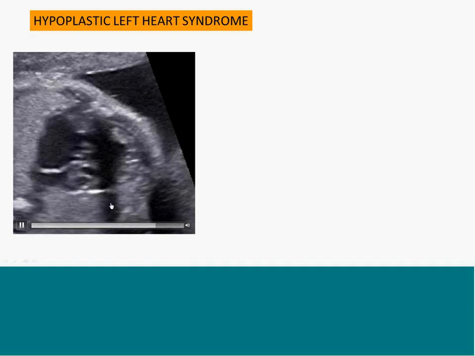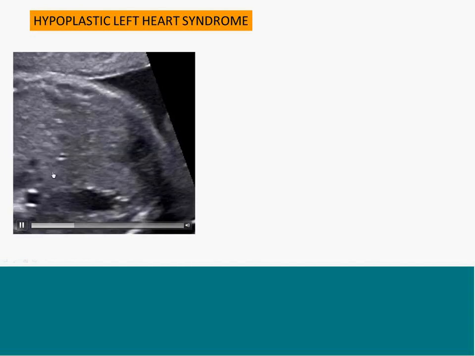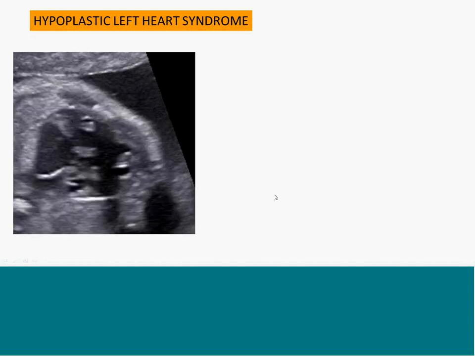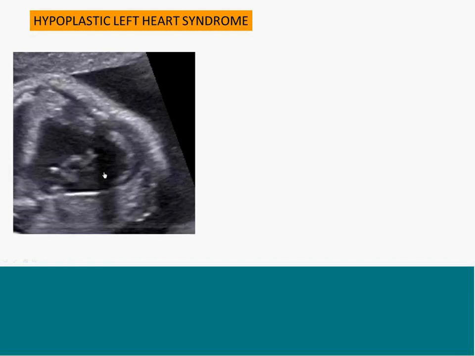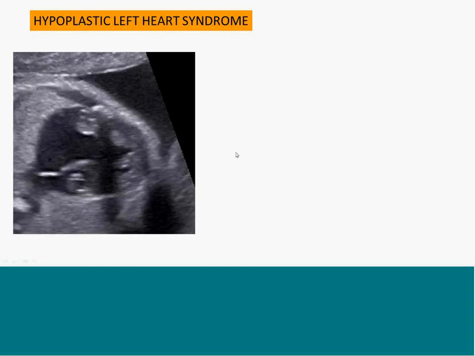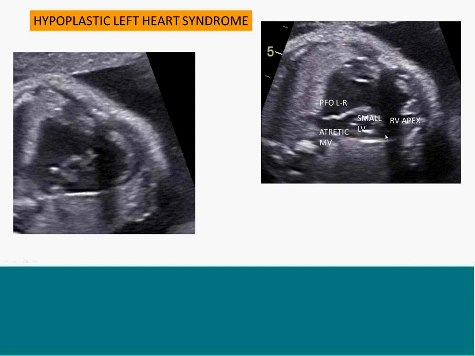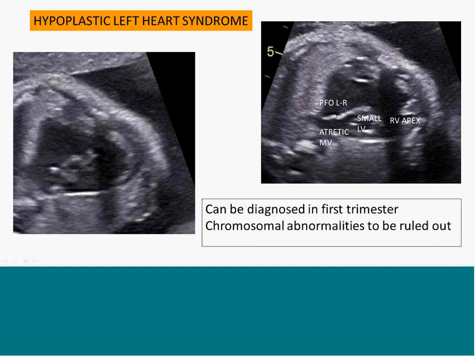And a very subtle clue initially, before it even enters into this phase, is the direction of the PFO. Normally the PFO shunts from right to left, but when the left ventricle is so small, it shunts bidirectionally or from left atrium to right atrium. So the clue is you see the left ventricle, you see the right ventricle forming the apex, the PFO is left to right, and the mitral valve is atretic.